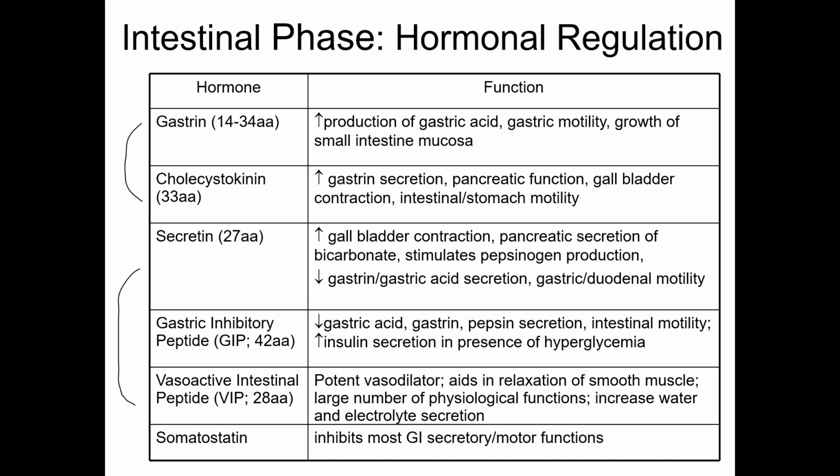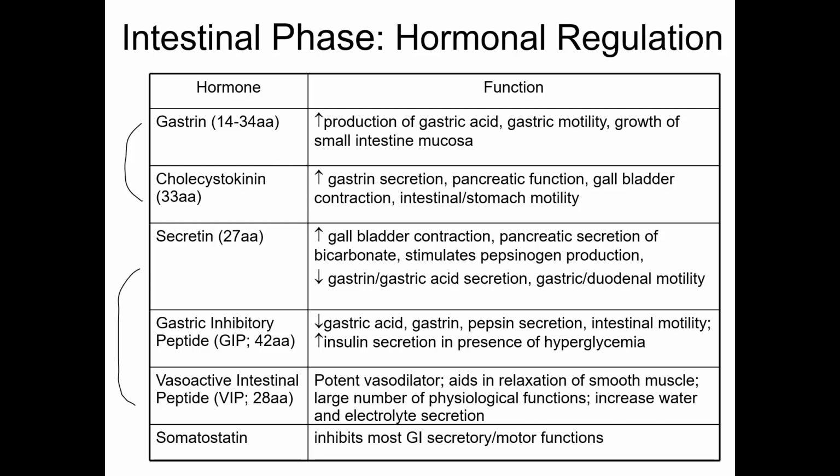Gastric inhibitory peptide decreases gastric acid, gastrin, pepsin secretion, intestinal motility, and it increases insulin secretion in the presence of hyperglycemia. So if there's a lot of glucose present, it's going to increase insulin secretion. Vasoactive intestinal peptide. It's a potent vasodilator.